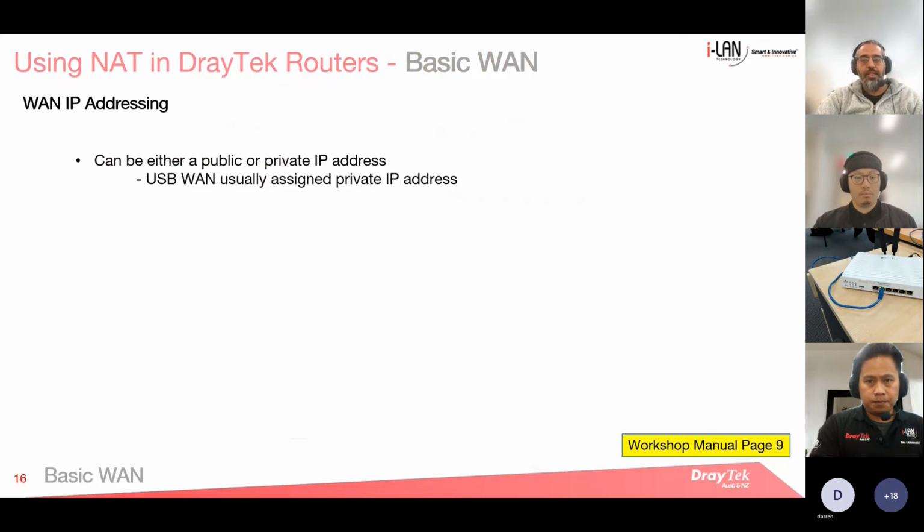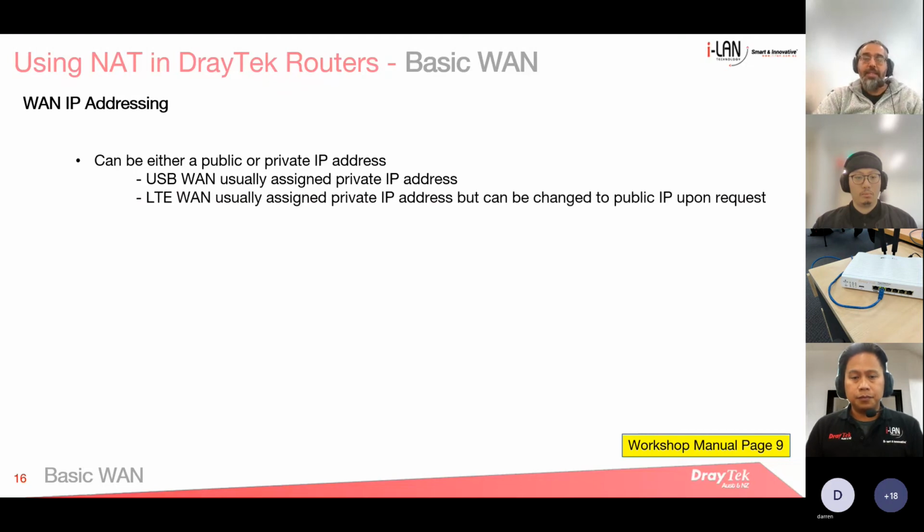WAN connections using a USB 4G dongle mostly use a private IP address since the modem has built-in NAT that cannot be disabled. LTE-WAN connections, when using one of the DrayTek LTE routers, will be allocated a private IP, but it can be changed upon request to the service provider.